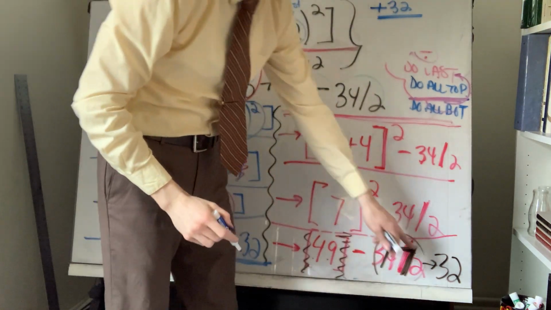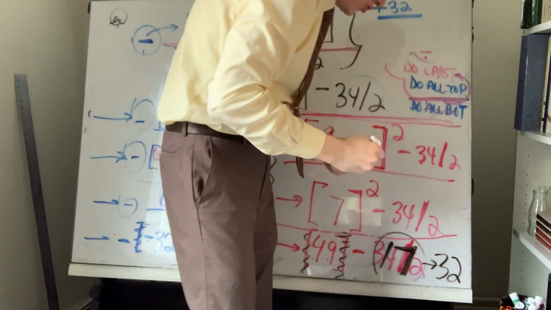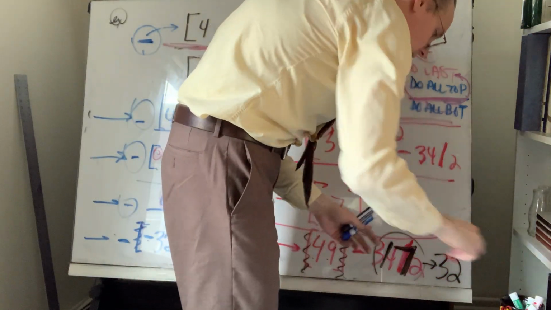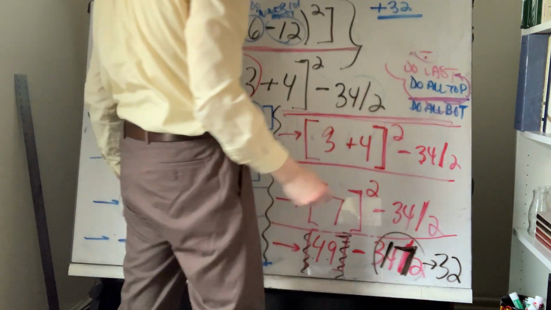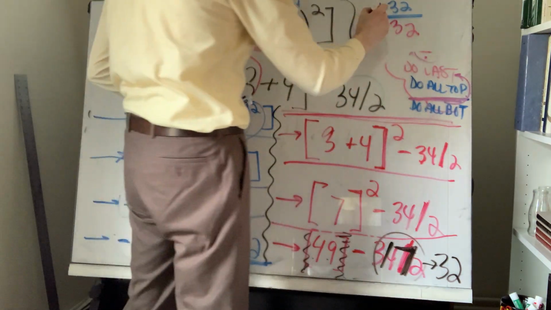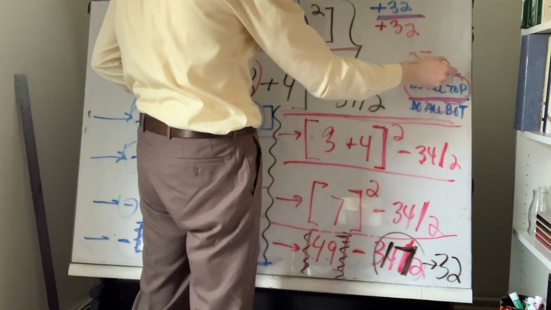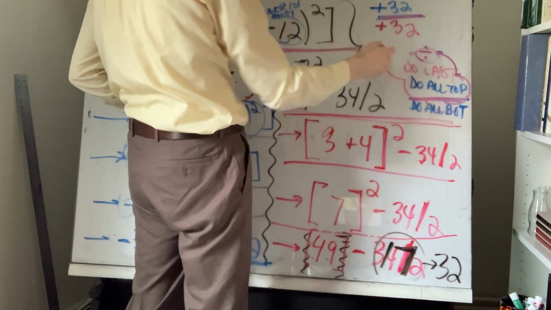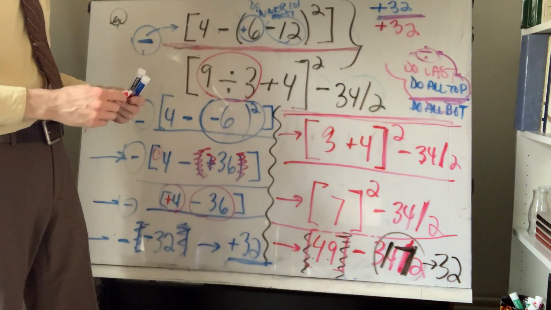And this should be a red 32 here. And it's just a positive the way it would work out as well. And there's this line in between that. Again, we do that last. That particular division, because it's a fraction, we do that last.